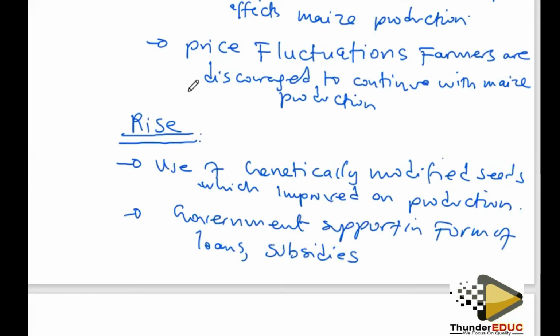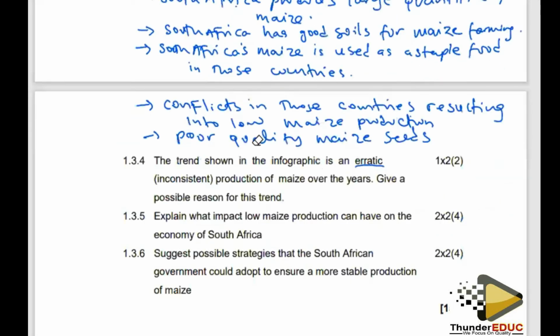All right, so going back to our question, we're answering the trend why it was inconsistent. It goes up, it goes down. For question 1.3.5, it says, explain what impact low maize can have on the economy of South Africa.